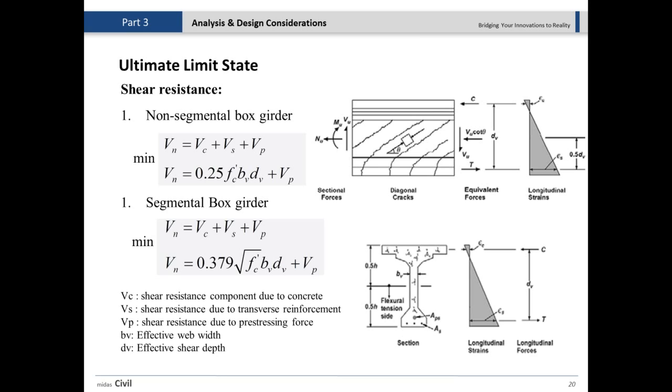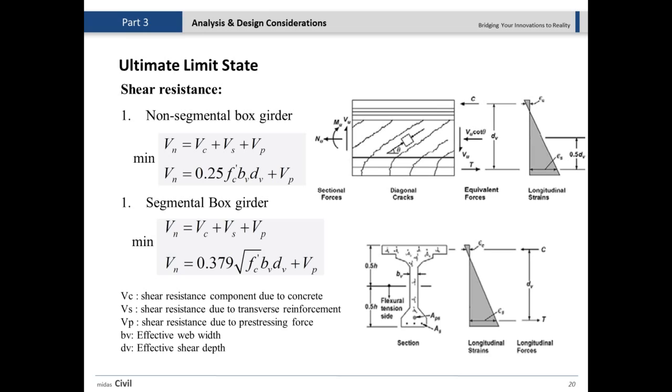And the code is actually providing two different equations for segmental and non-segmental boxes for calculating the capacity of the sections, because we get the demand from the analysis. So regardless of the type of section, we can get those ultimate shears.